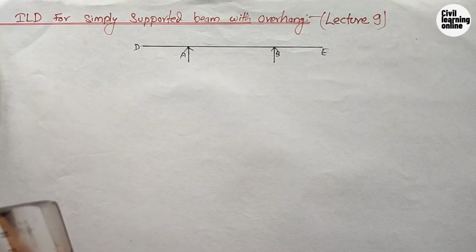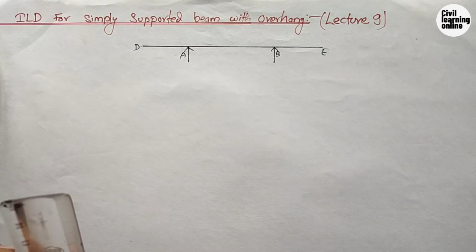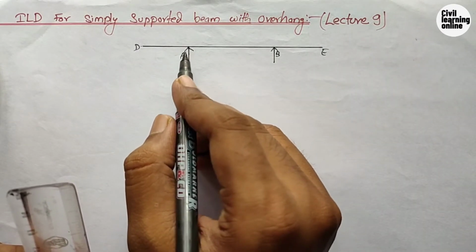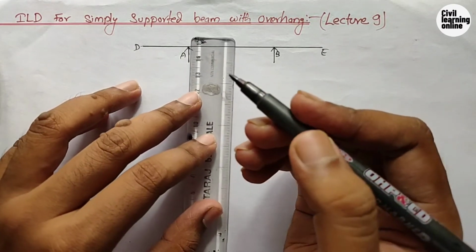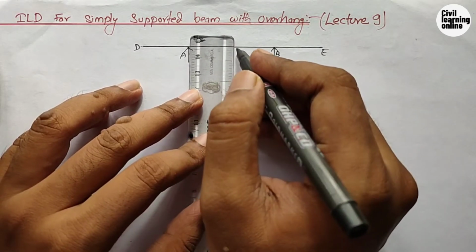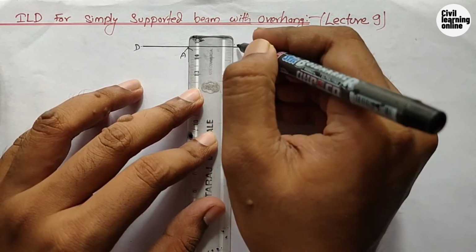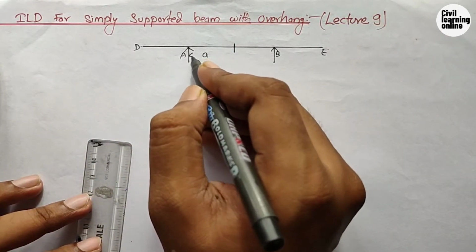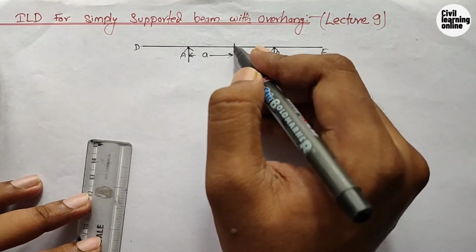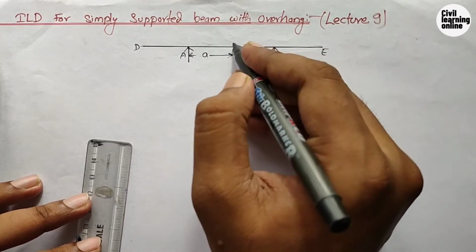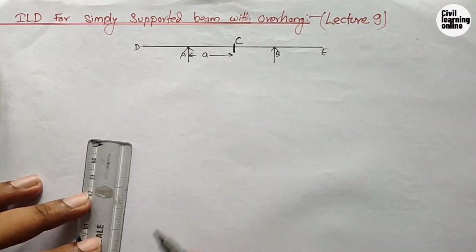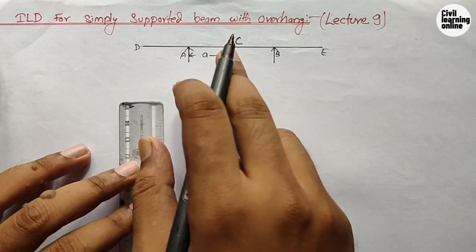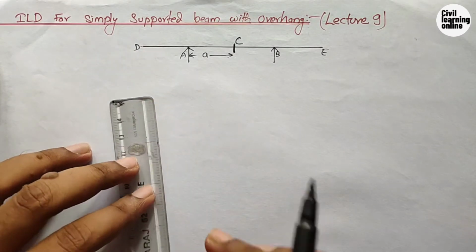Suppose we are asked to calculate the maximum shear force at some distance from the left support, and the left support is our support A. Let us suppose we are asked to calculate the maximum shear force at distance a from the left support, and the point at which we will be calculating is represented by C. So how can we draw the shear influence line diagram for the maximum shear force at C in the case of an overhanging beam? Let us see here.